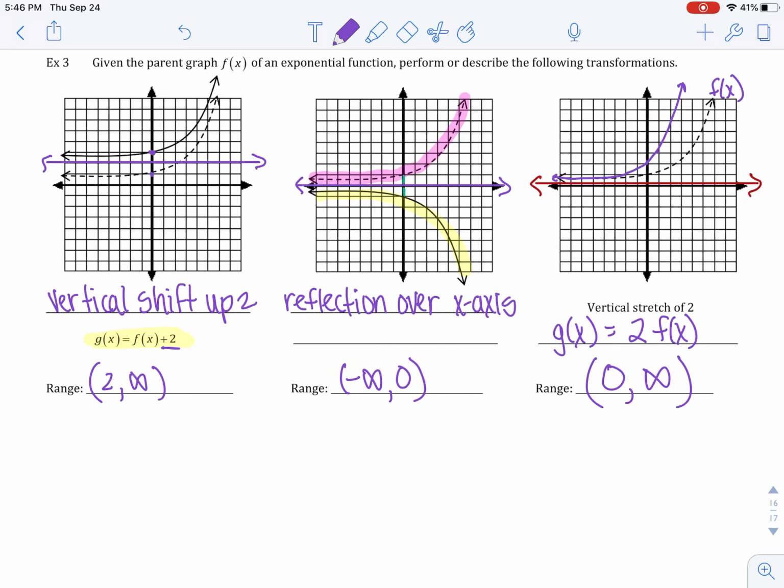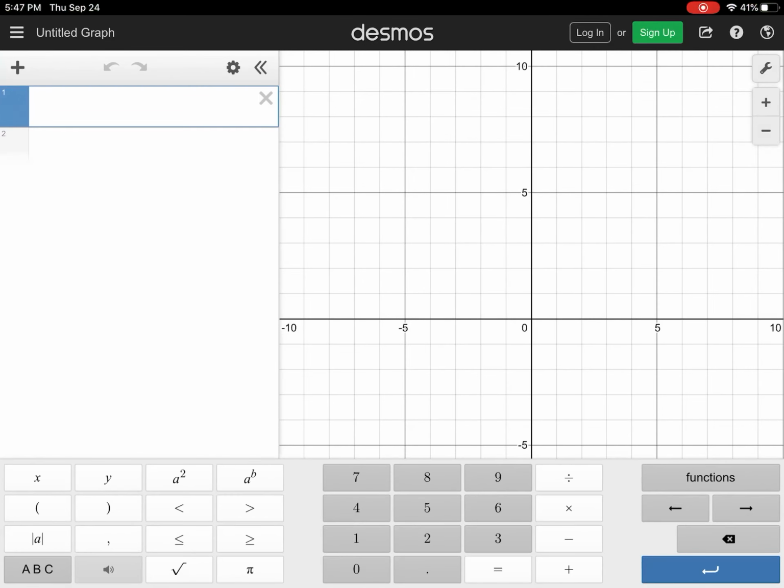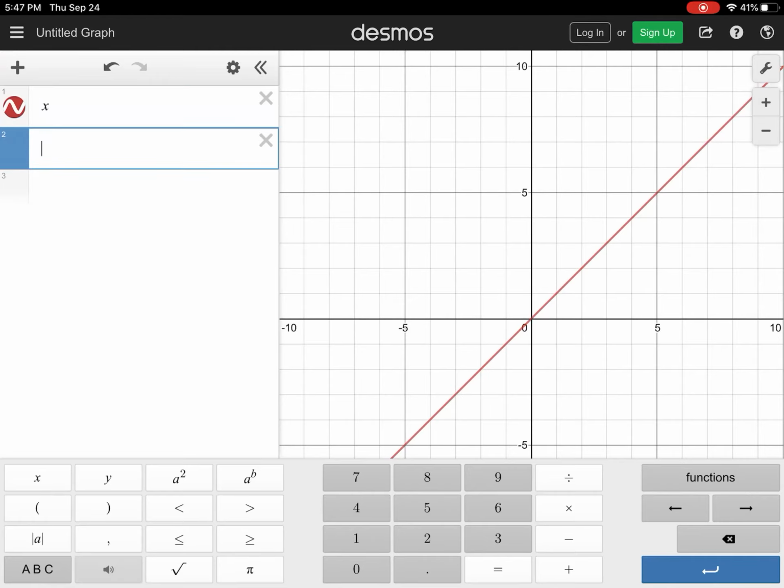All right, guys, this is the end. I would give you some advice, though. Go into Desmos, put in an equation, y equals x right there. Then my next line, maybe do what happens when I do negative x. Oh, okay.